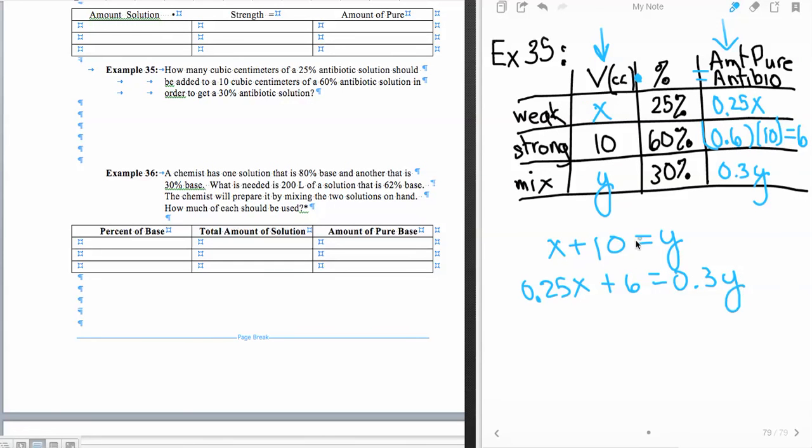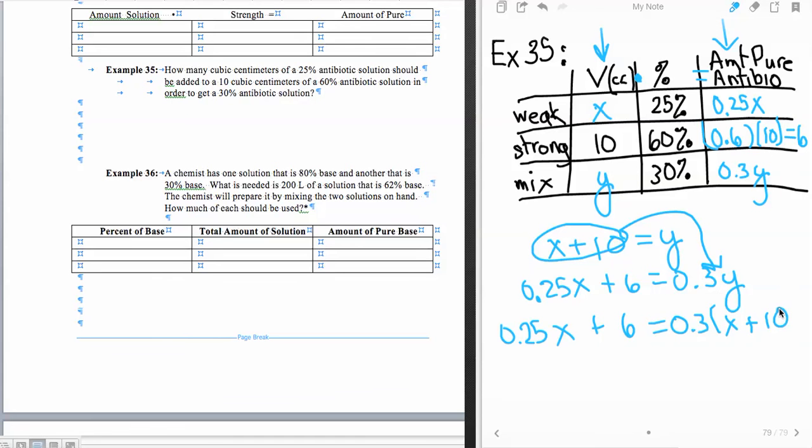And now we can use substitution because this is our expression for y, and it can go in here to solve it. So we have 0.25x plus 6, and that's equal to 0.3 times x plus 10. And so now we can solve that with or without clearing. It's totally up to you. And then we can get our answer here.